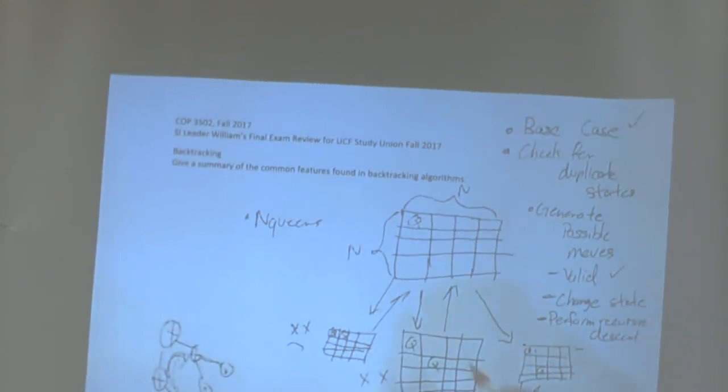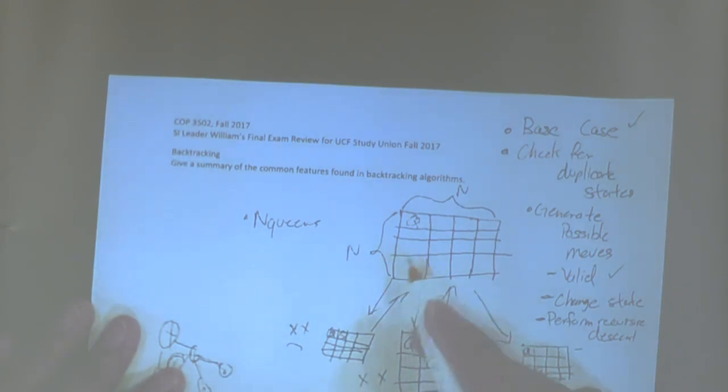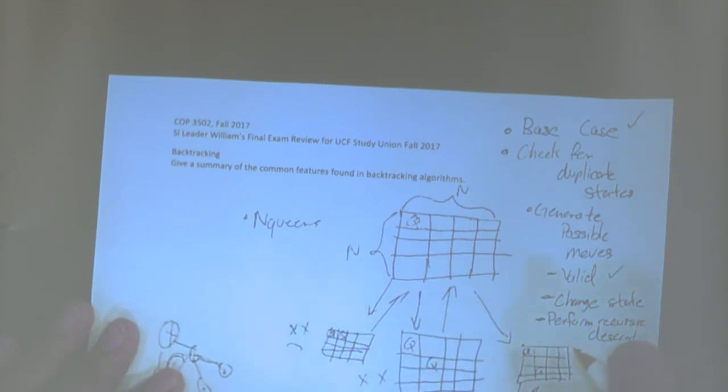So with the N queens problem, we had to process the return value of the successful state. So optionally we should process the return value of the recursive call.